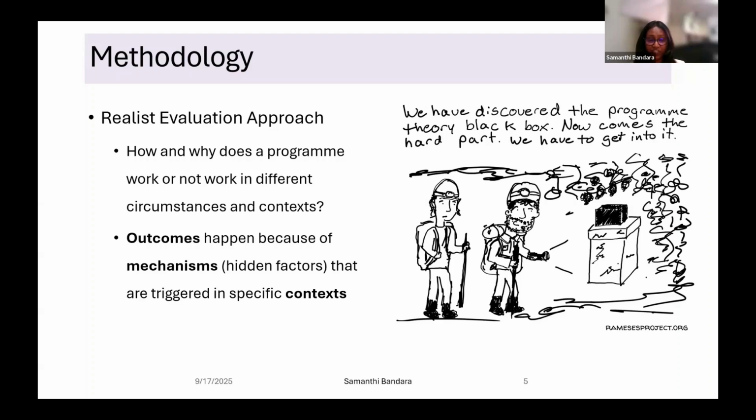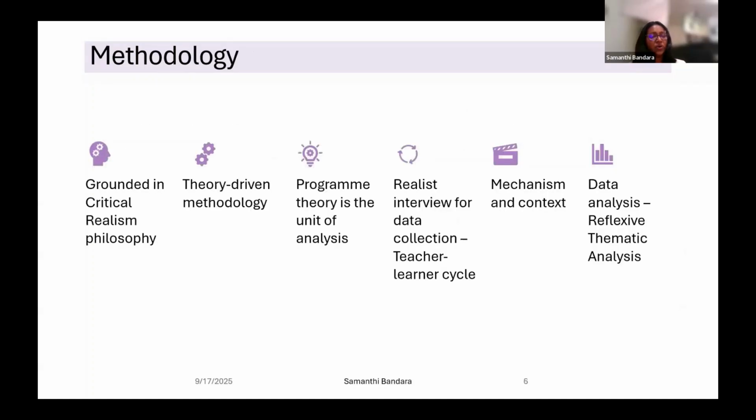I will explain this in detail in the next few slides. Outcomes are the results or impact that emerge when the mechanisms are triggered in a particular context. Here we can find intended or unintended outcomes. So let's see the methodology in detail.